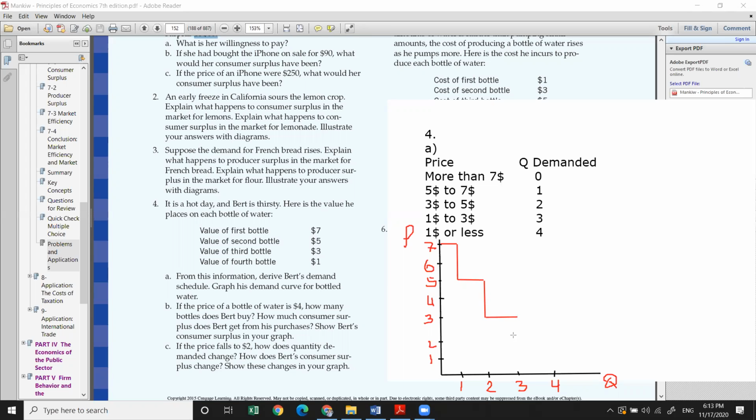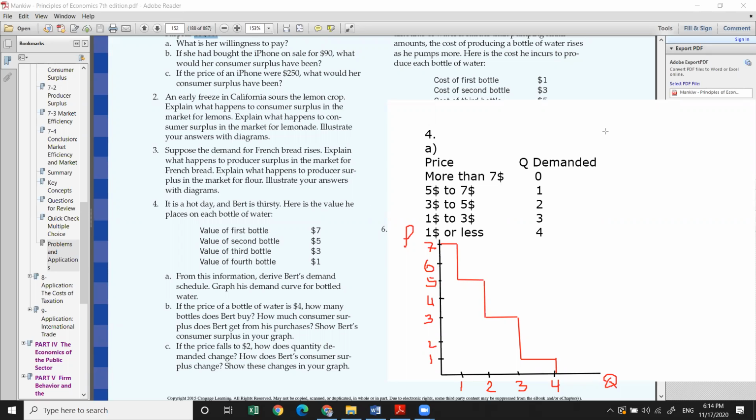And if the price falls between $1 and $3, he will purchase 4 bottles. This is what we need to draw. This is how it looks. Okay, let's move to the next part.